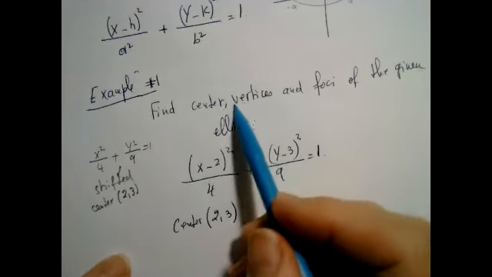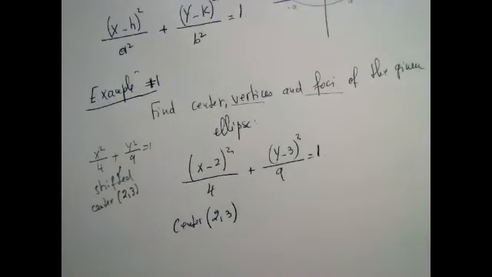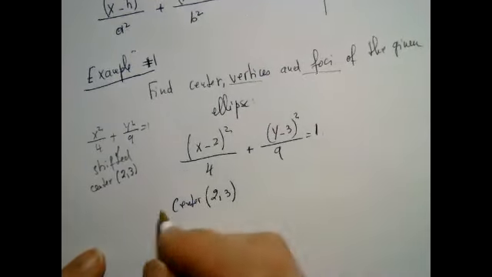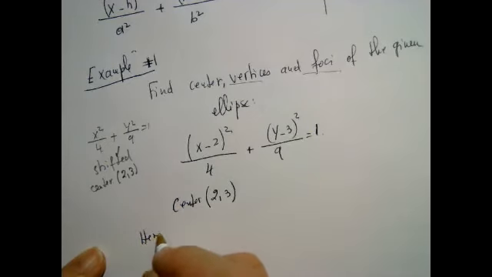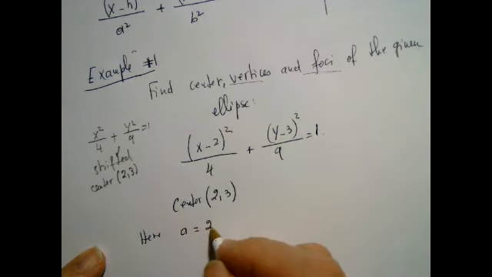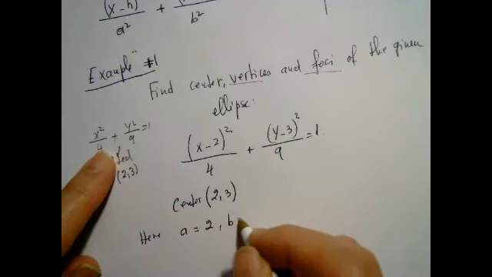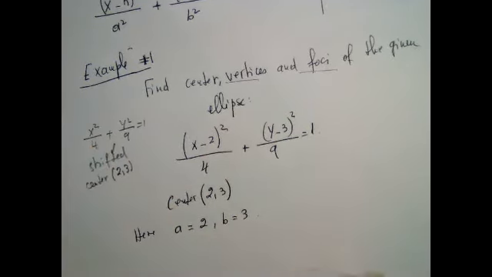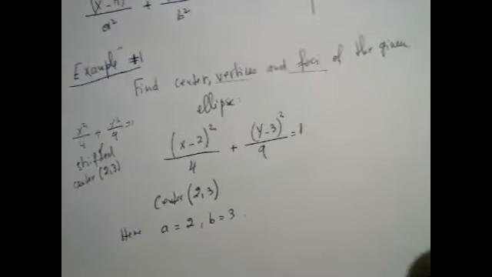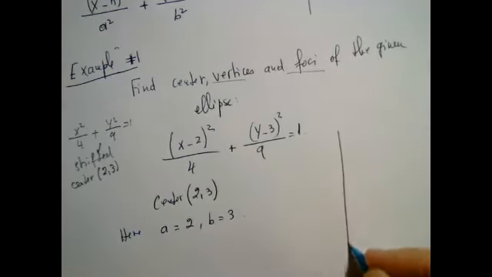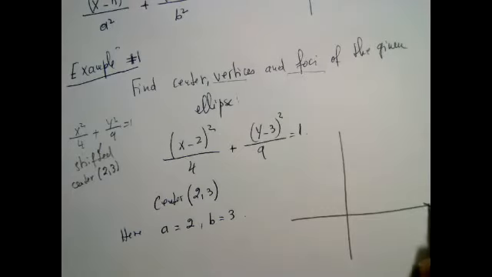Okay, now I need to find the vertices and the foci and everything. All right, so let's see how we do that. So here, my a is 2, nothing has changed, and my b is 3. If we sketch it a little bit, then everything we get is from the sketch.